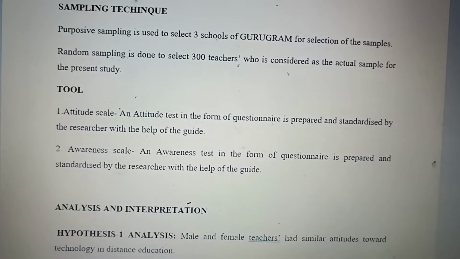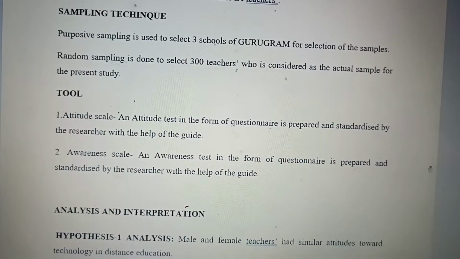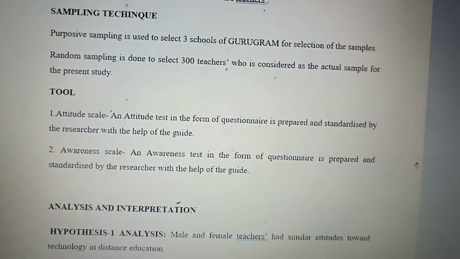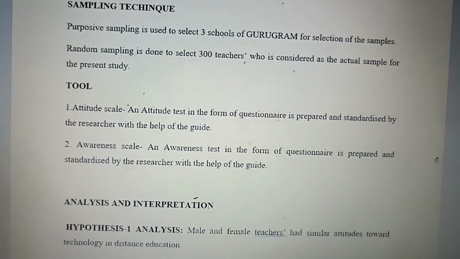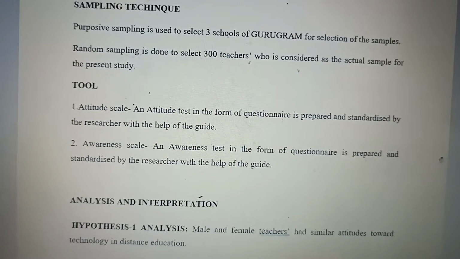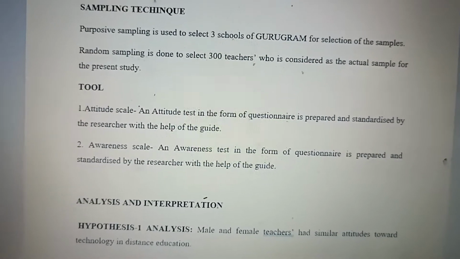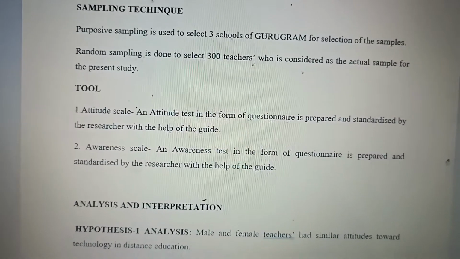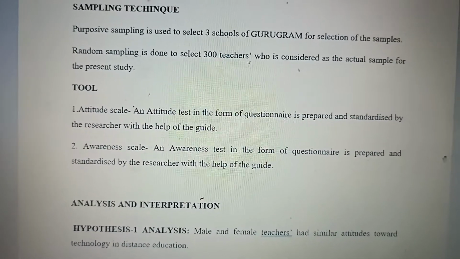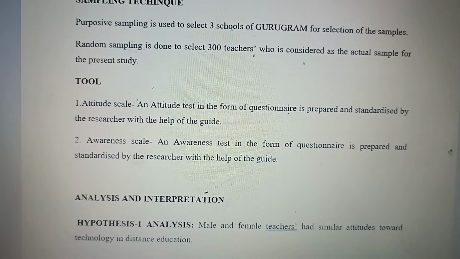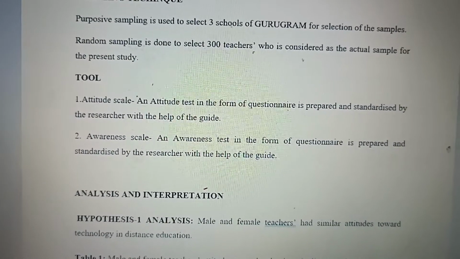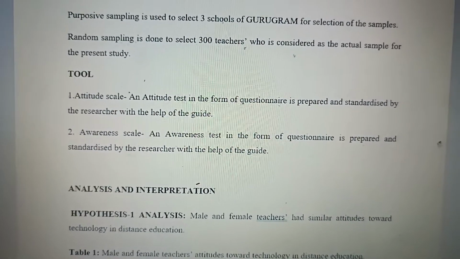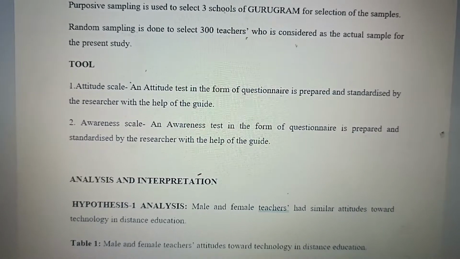Like we have not done any random sampling or any sort of lottery or whatever. We have selected the schools based upon our own convenience purposefully. That is why it's called purposive sampling. And next, after purposive sampling, to make the study more reliable, we have done the random sampling to choose the 300 teachers.